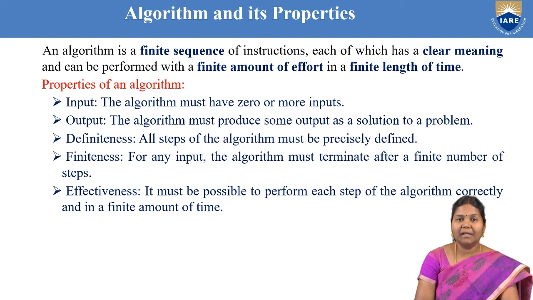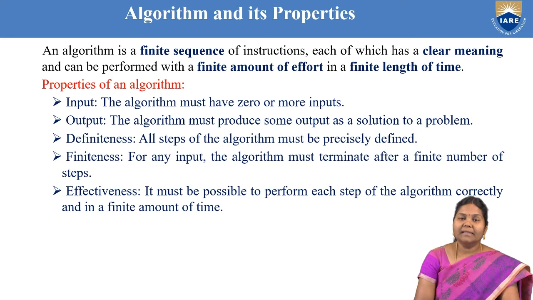There should not be any ambiguity. The third point is that the algorithm should be performed with a finite amount of effort. That means the execution time, whenever you implement that algorithm, must be finite, and a finite amount of effort is required to complete the application.